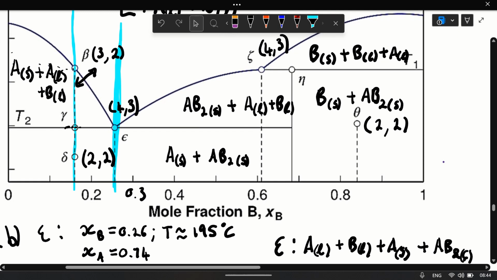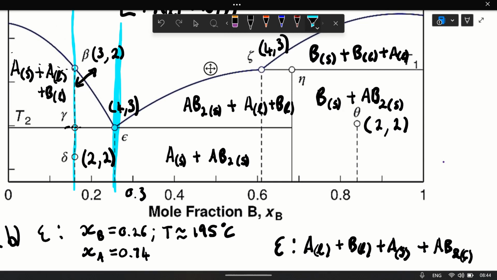Then zeta. Zeta is not too interesting, but it's another kink point. We expect it to have a rate change there, a plateau, and then just cool down again.